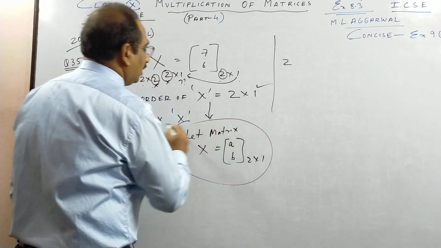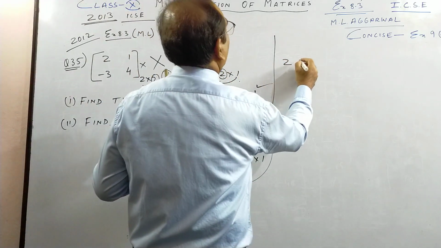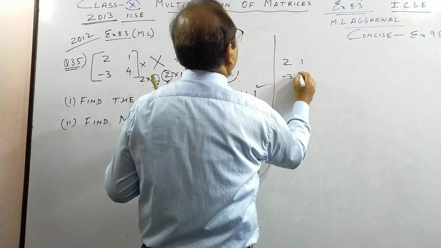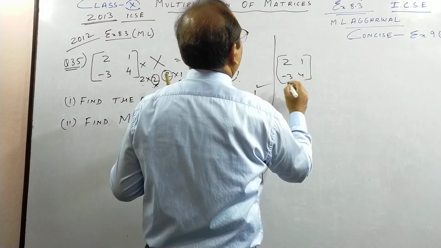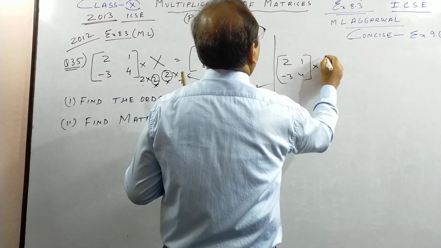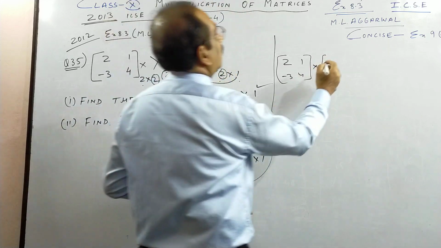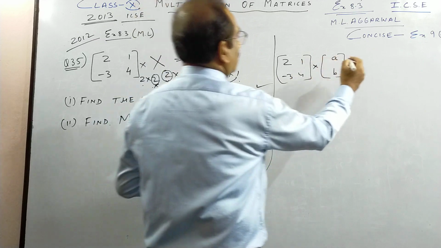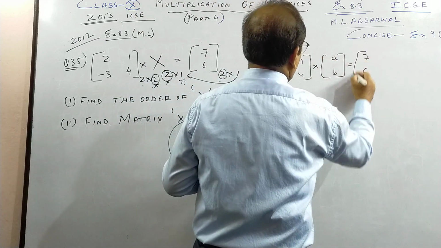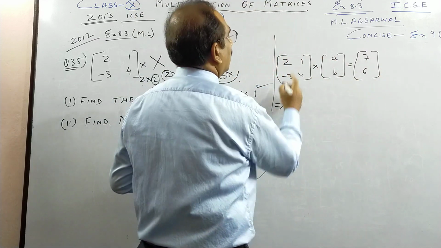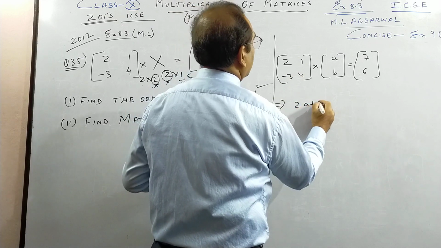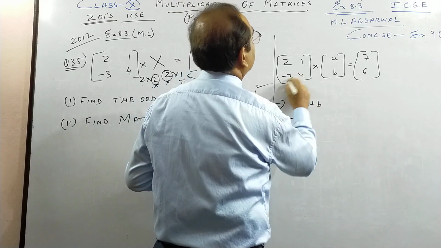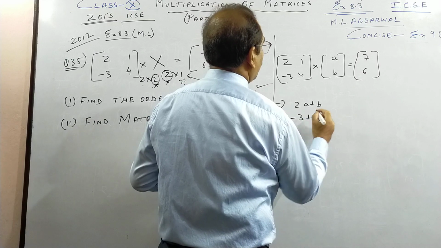Let us see how we do here. 2 1 minus 3 4 multiplied by X, which is a by b, equals 7 by 6. So here we get a simultaneous equation: 2a plus b, minus 3a plus 4b.